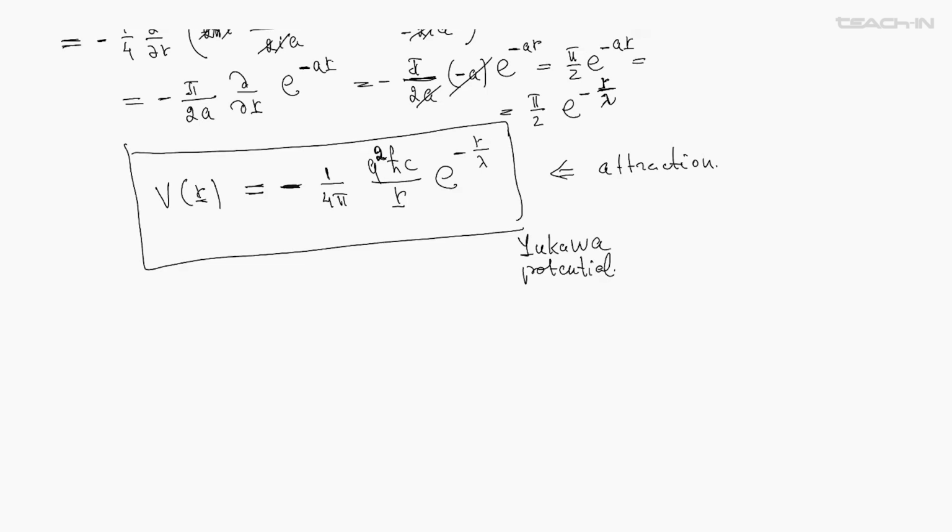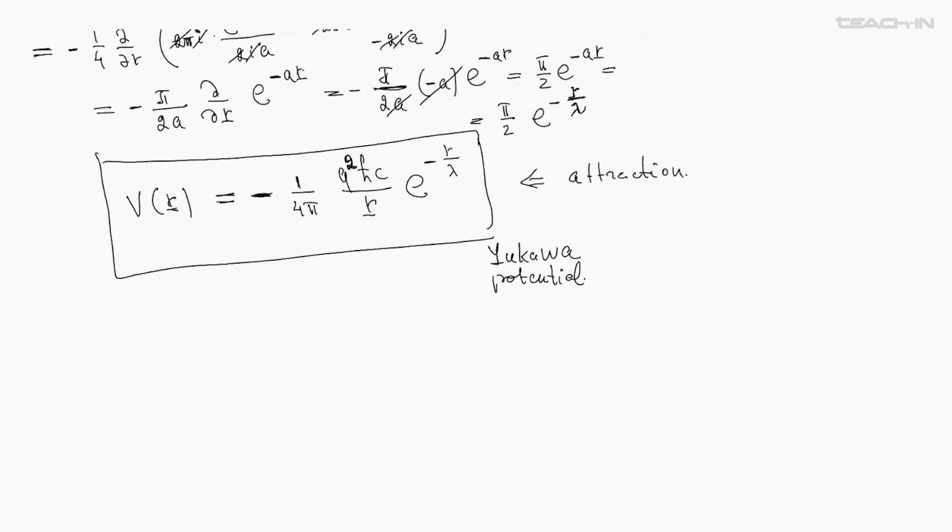The second thing which you see is that there is this exponential which damps the potential when R becomes sufficiently large, in particular becoming bigger than the wavelength of the particles. Potential shows exponential decay. So potential goes to zero very fast, actually exponentially, with the distance increasing.